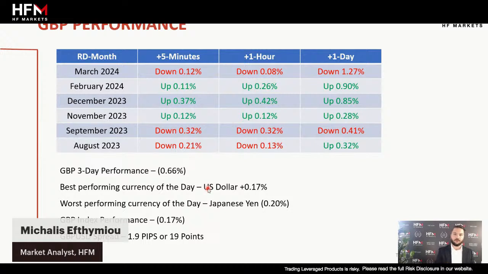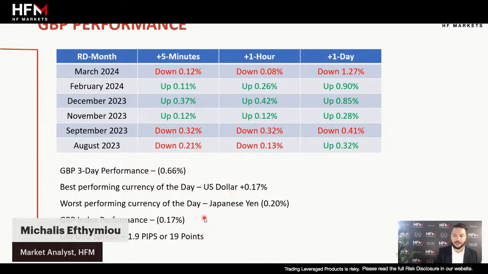So if you want to speculate that the pound is going to decline, of course, you don't want two currencies which are declining, because then you've got what is known as a tug of war scenario between the two currencies. Ideally, you want to speculate the pound's going to decline against a currency which is strong and strengthening as well. So, in terms of that, you can take into consideration the US dollar.